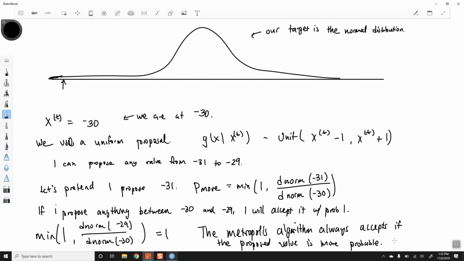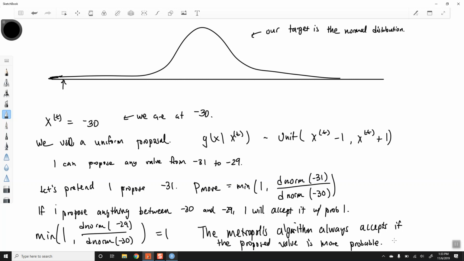So you just pick somewhere arbitrary, and it probably has incredibly low probabilities. However, you just propose some value nearby. In the one-dimensional case it's simple, but even in higher dimensions, you just propose something nearby with some proposal distribution.